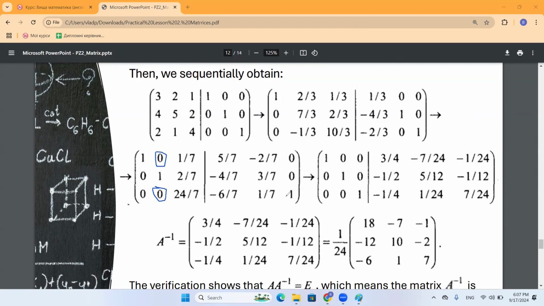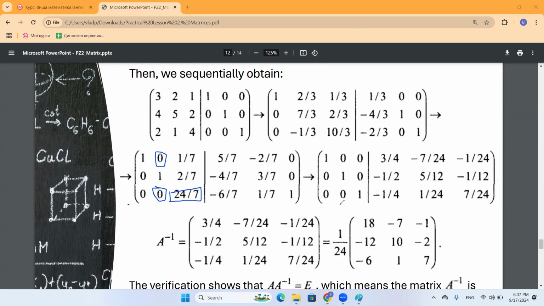And now what about the last row? The last row we divide by 24/7. Interesting, actually, but it's just a coincidence.